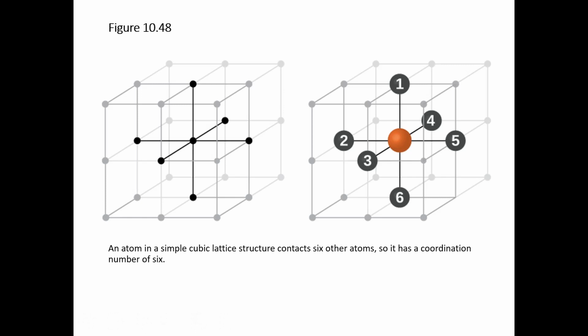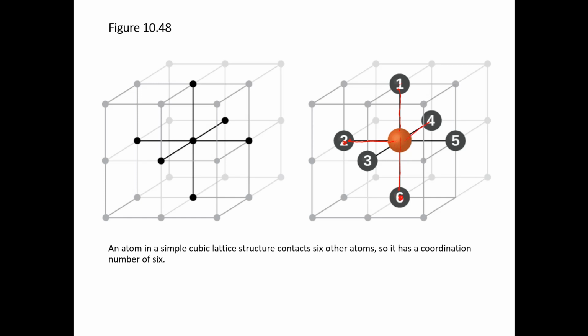If we start with the simple cubic, if we look at just one of the spheres, that sphere connects to 6 other spheres. There's one right up above it in the next unit cell up, one right beside it in the next unit cell over, and one right below it in the next unit cell down.